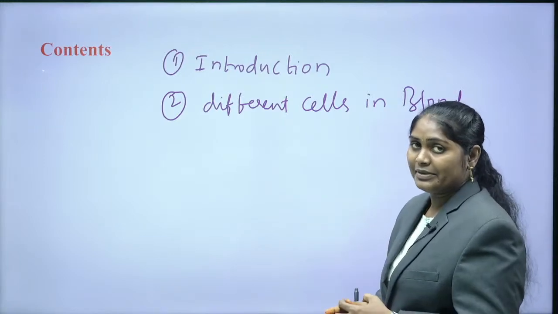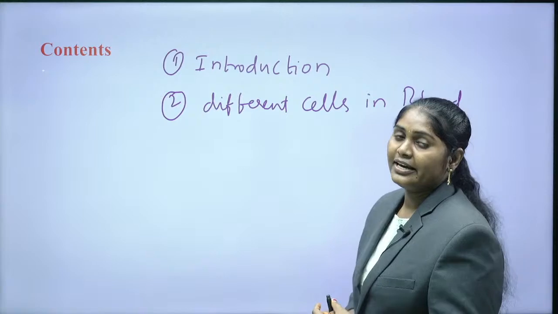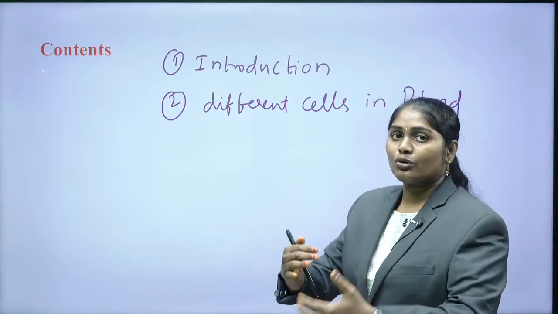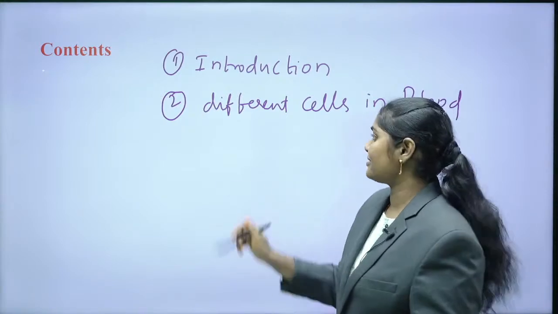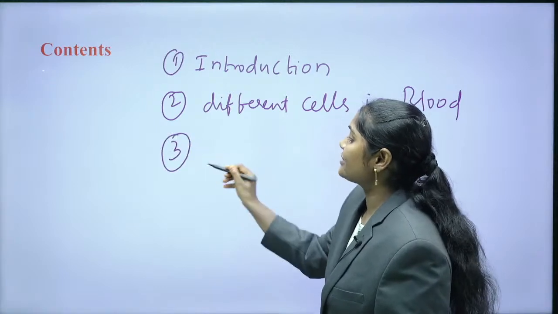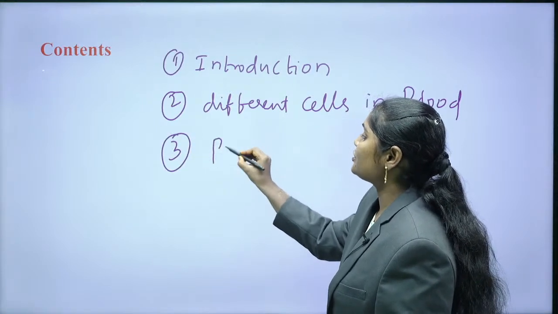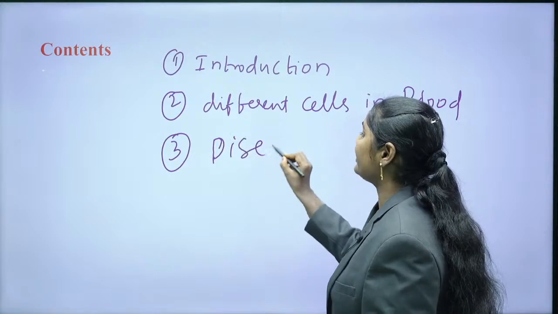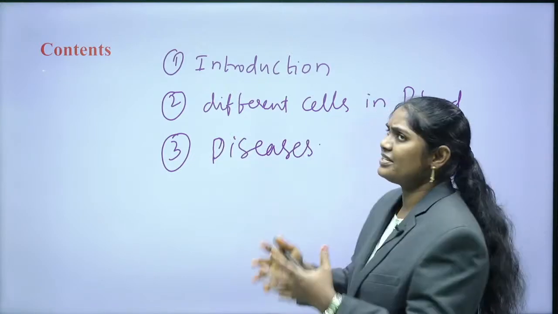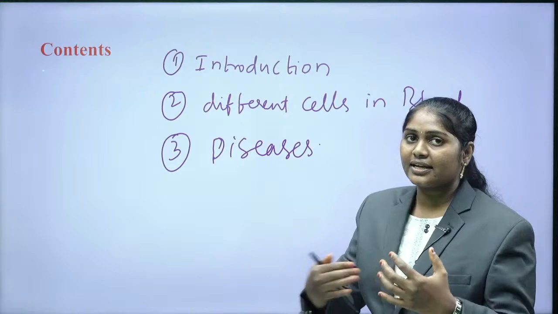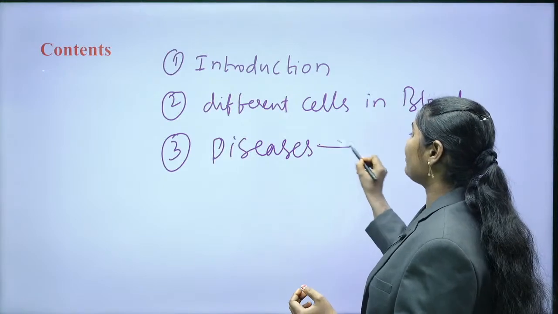You will have RBC, WBC, and platelets. All the different types of cells we will discuss, and then we will discuss pathology, which means the different types of diseases related to those cells. Diseases means an increase or decrease in cells causes what type of diseases.